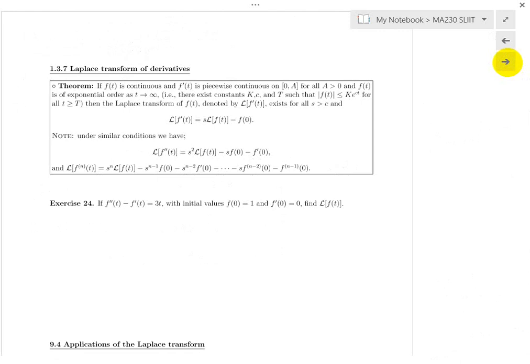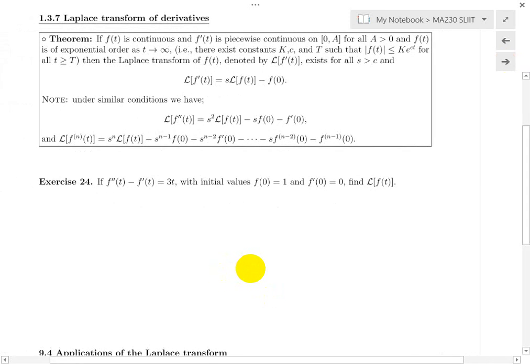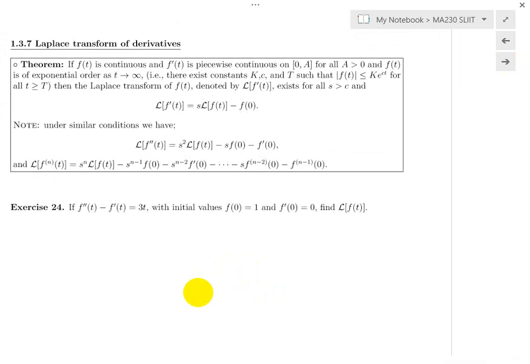Things are quite similar, but there are things you need to be careful about. Now in this theorem we are saying if f is continuous, f prime is piecewise continuous, and f is of exponential order, all the conditions are there. So we are finding the Laplace transform of a derivative, f prime.